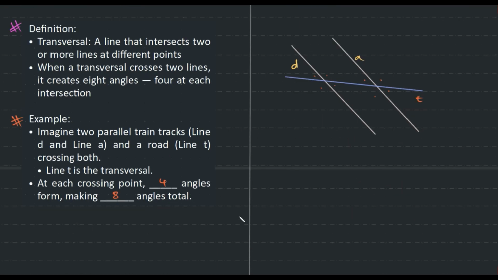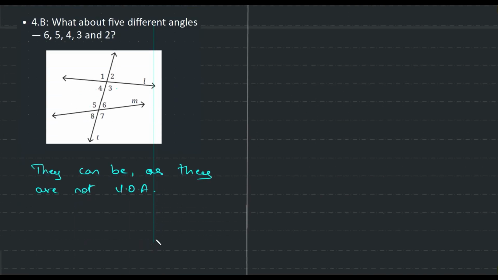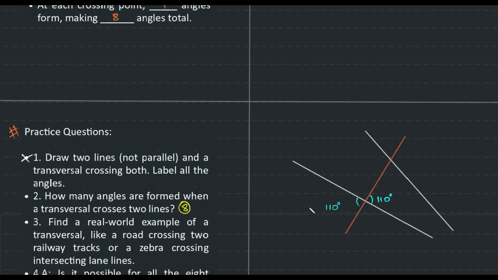So we just looked at a few commonsensical points: there are 8 angles when it crosses two lines, and you can't have all the angles be different because vertically opposite angles have to be the same. But of course, if you take a scenario like 5, 6, 3, 4, they can be different, as they are not vertically opposite angles. Okay, so yeah, you can pause and have a look.